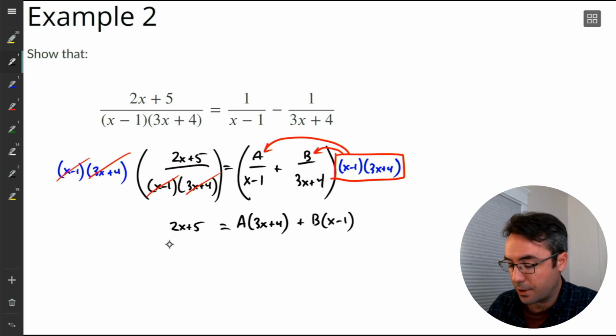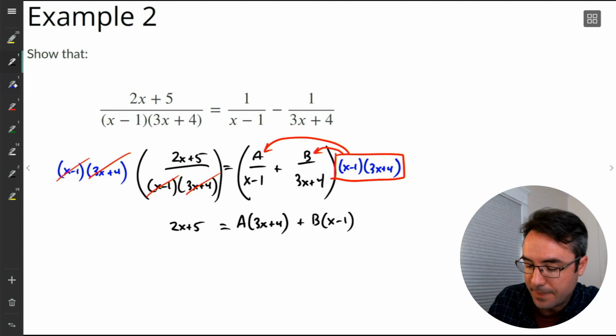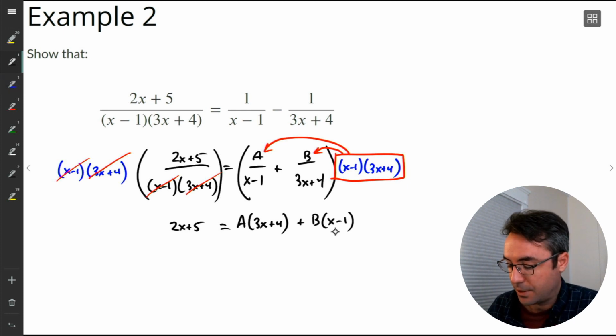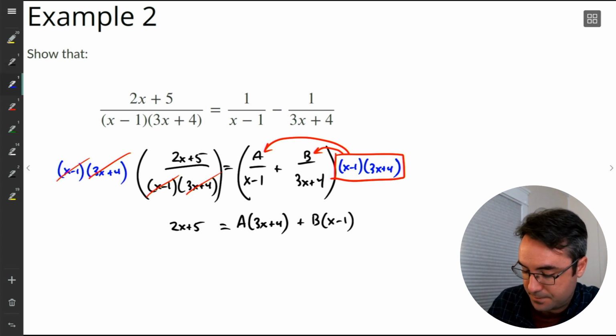And so the strategy we're going to use for this is to pick a few x values and plug them in. And that's going to simplify this equation down for us. So let's look at our linear terms here. Let's look at this first one, x minus 1. We're going to use x equals 1.